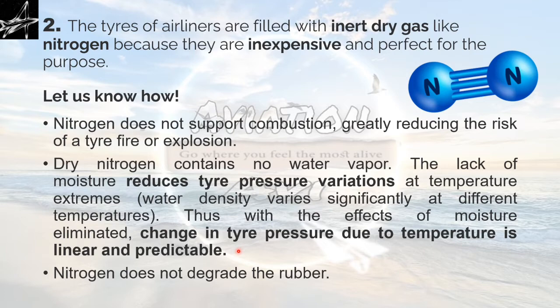So formation of ice is predicted when you have some moisture in the composition of air in the tire. So dry nitrogen contains no water vapor, which is very beneficial at this stage. Nitrogen does not degrade the rubber.